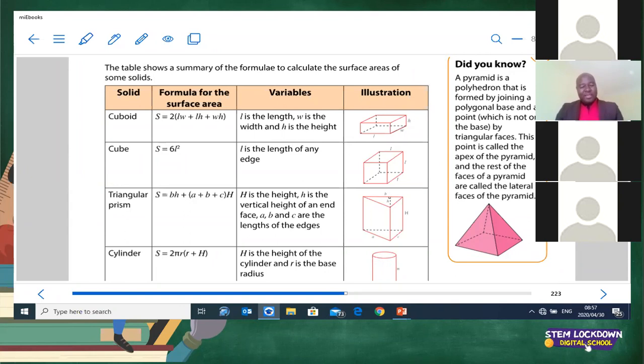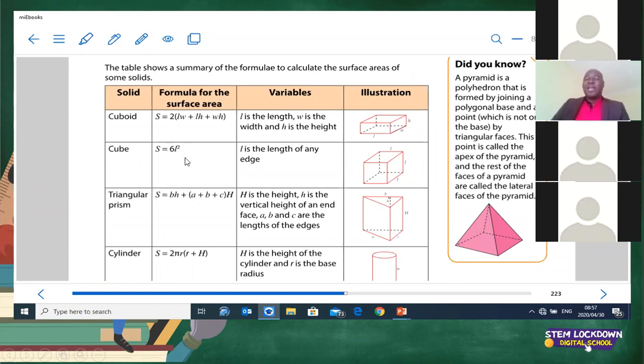You've got the length, the breadth, and the height everywhere in a 3D object, as we have already indicated. But in a cube, the length is equal to the breadth, which is equal to the height. And of course, that is why when you find the surface area of a cube, you'll have 6 times length times length.